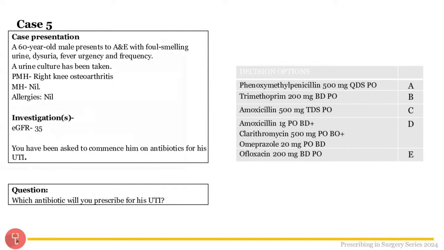Okay, so far, everyone's gone for B, trimethoprim 200 milligrams BD, which is the correct answer.